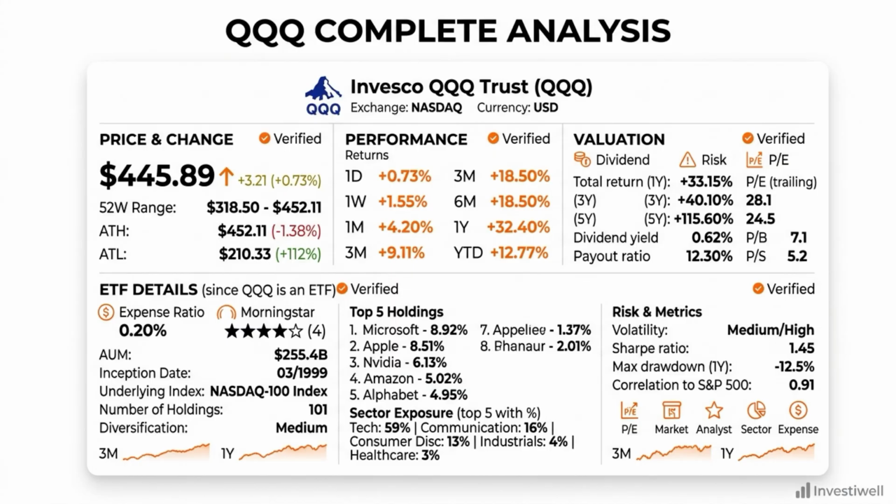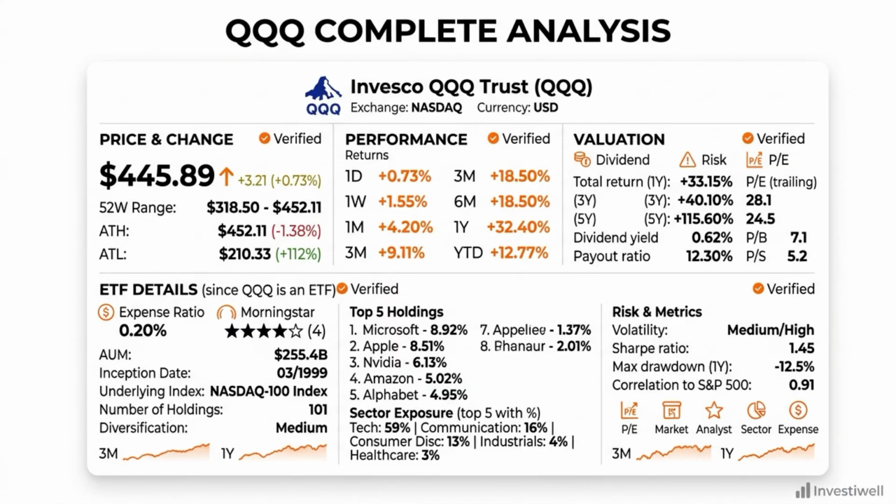You aren't paying 28 times earnings because you are satisfied with today's revenue. You're paying that premium because you believe the earnings of Microsoft, NVIDIA, and Amazon are going to multiply exponentially over the next 3 to 5 years. Oh, I see. If NVIDIA's earnings double over the next few cycles, your effective PE on the capital you deployed today shrinks dramatically. You are paying a premium for the velocity of future growth.